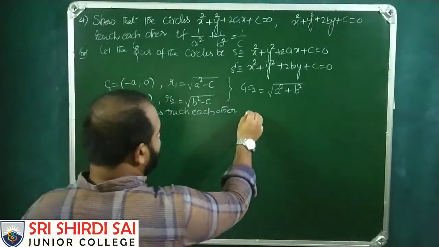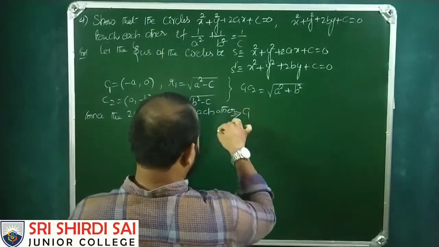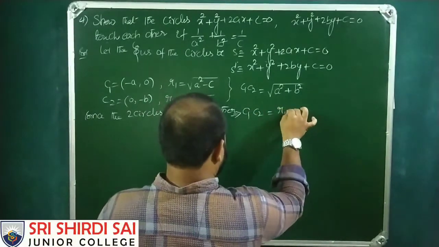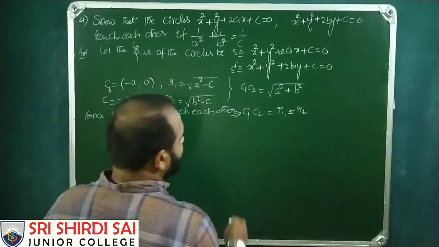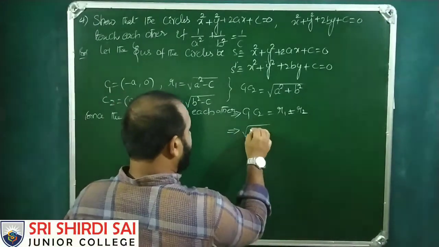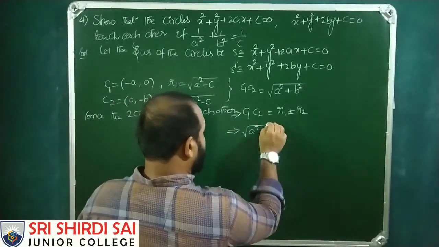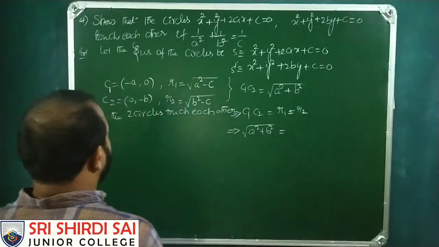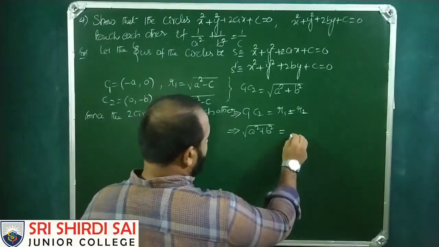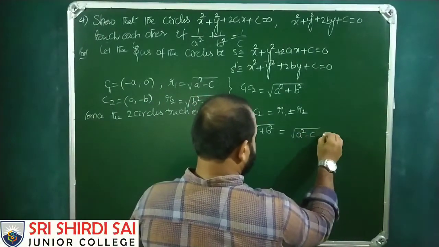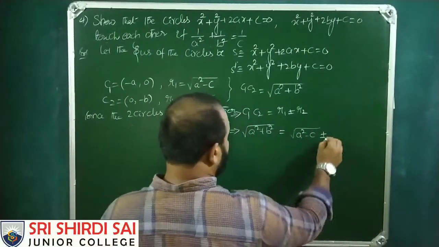Touch each other, C1C2 is equals to R1 plus or minus R2. C1C2 is square root of a square plus b square, is equals to R1, which is square root of a square minus c, plus or minus square root of b square minus c.